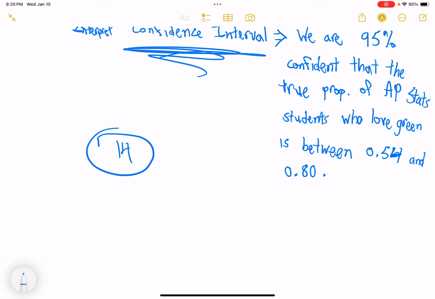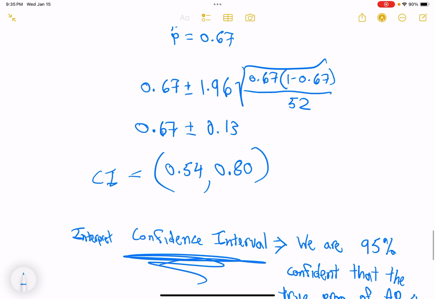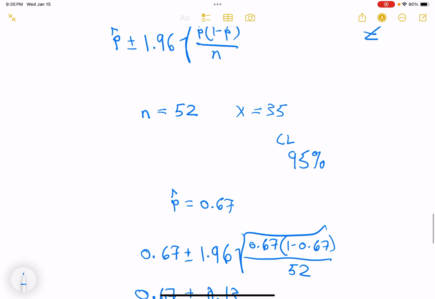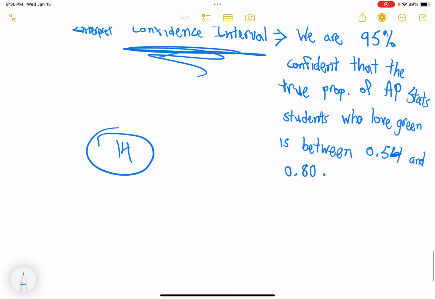If we take many random samples of the same size, n equals, in this case, 52, of sample size 52, and constructed 95% confidence intervals from each of those samples, about 95% of the intervals, not of the samples, but of the intervals that we capture from each sample, would capture the true population parameter of, and I would have to clarify what it is, AP Stats students who love the color green.